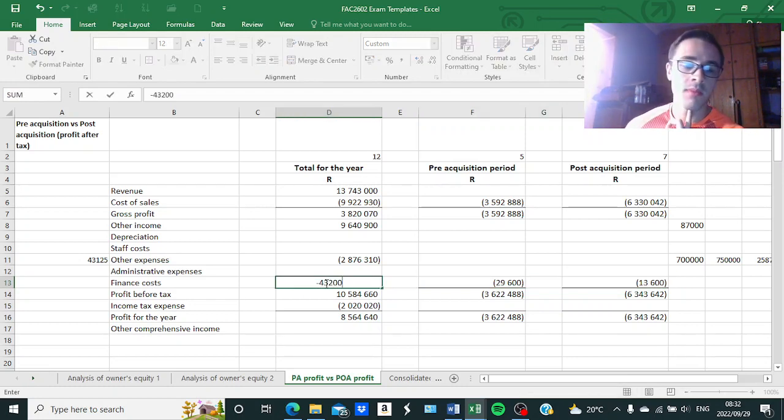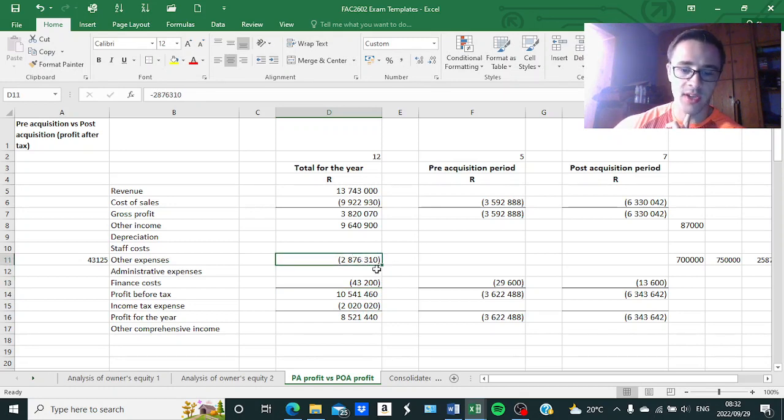Now keep in mind that the 43,200 Rand right here is part of other expenses. So therefore we need to actually show that we have removed the finance costs from other expenses. So therefore the actual amount for other expenses would be taking the amount of 2,876,310, and then you subtract the amount of 43,200.